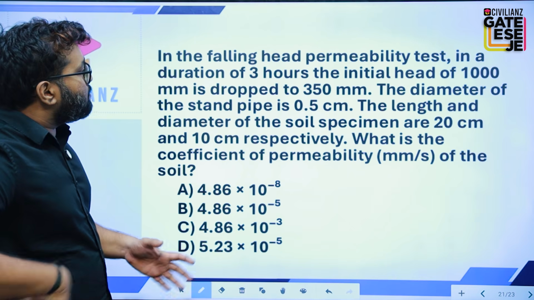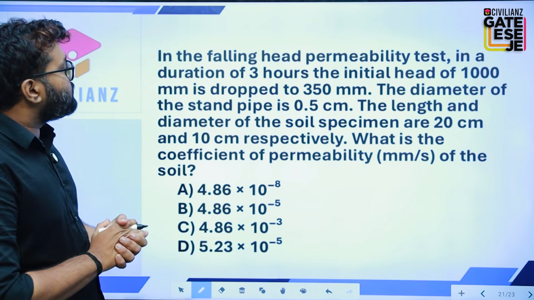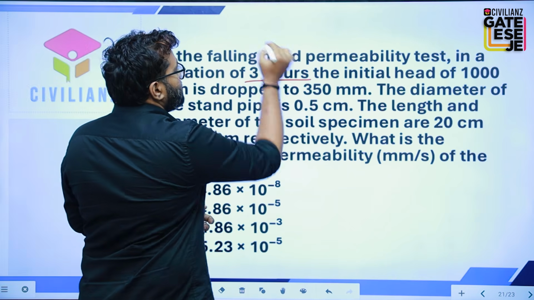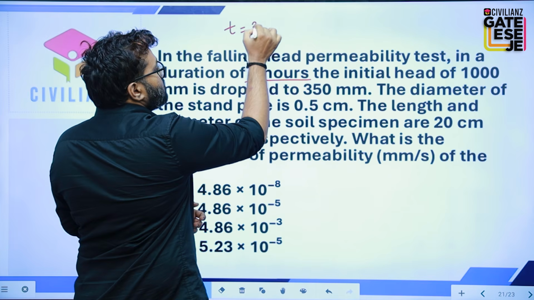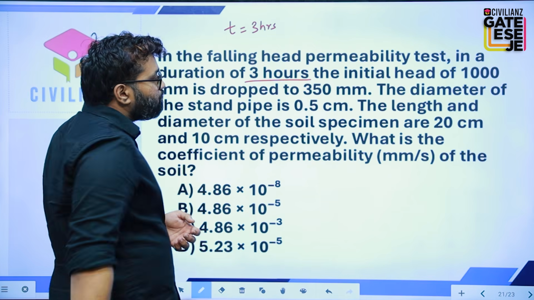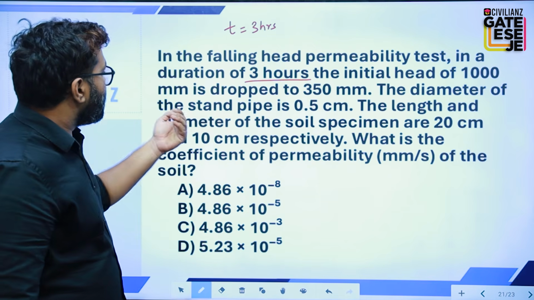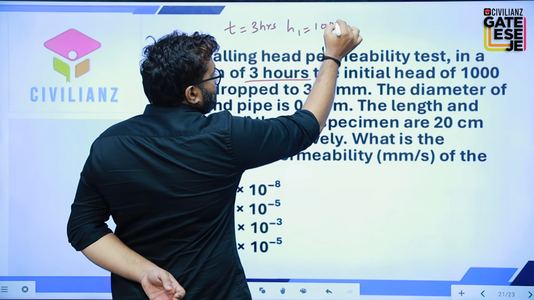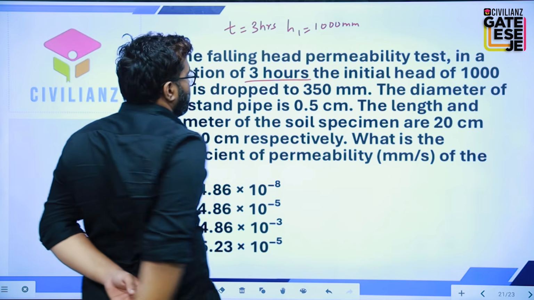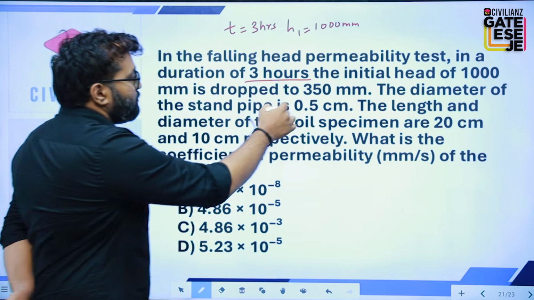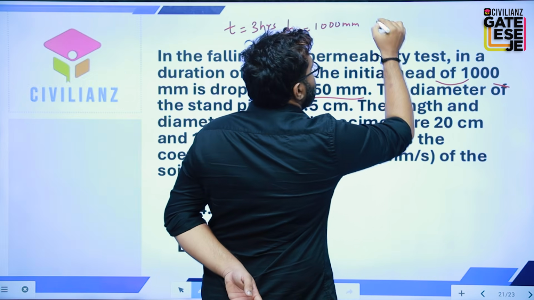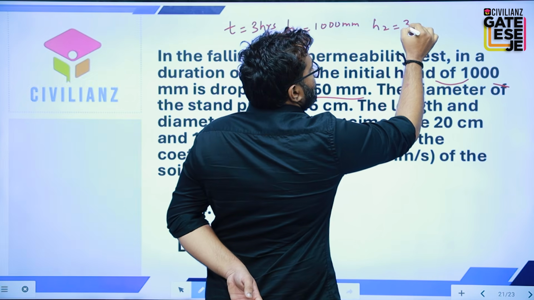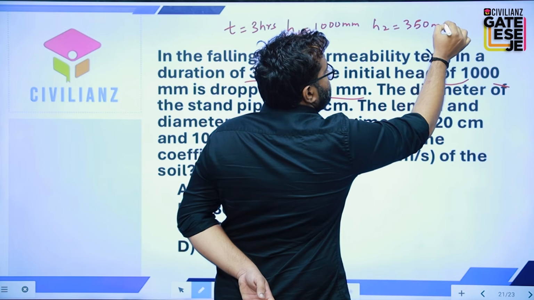In a falling head permeability test, the time is given as 3 hours. The initial head H1 is given as 1000 mm and is dropped to 350 mm, so H2 is 350 mm.